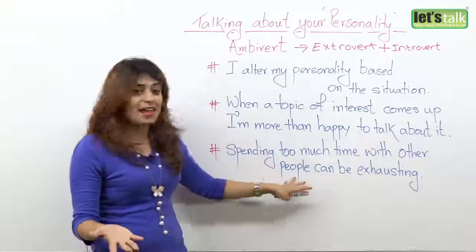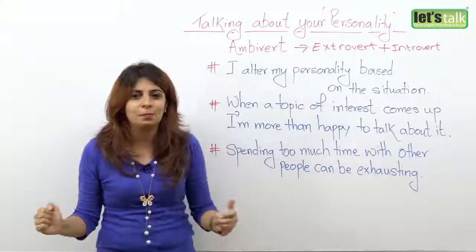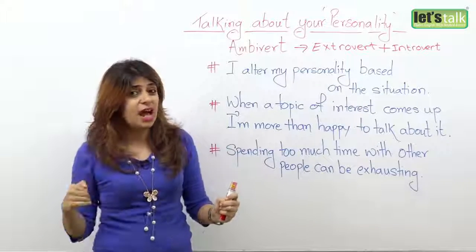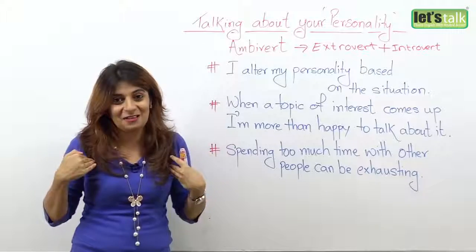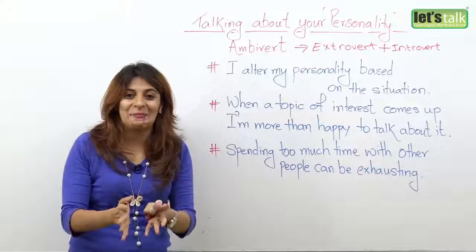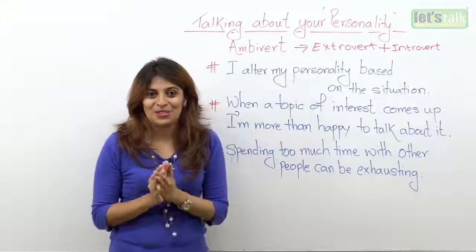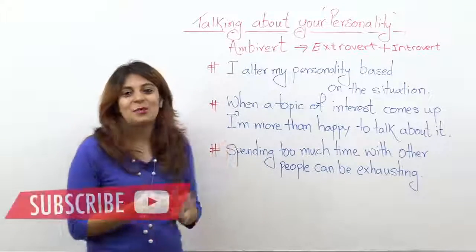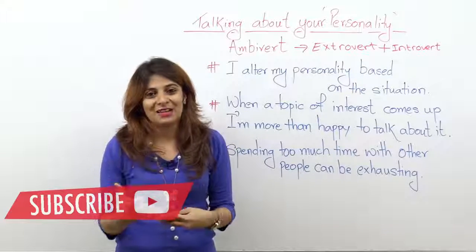So if you think that there are times when you want to party hard and you want to be with people, but then there are times when you just love your bed and you love yourself and you want to spend time by yourself, then you are an ambivert. So these are the perfect expressions that you can use to describe your personality.